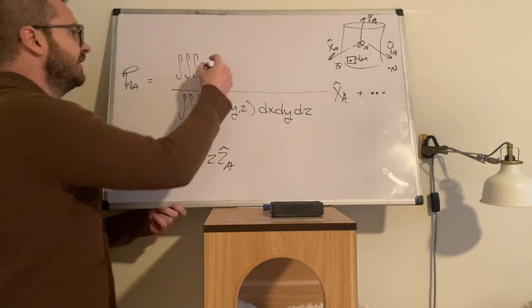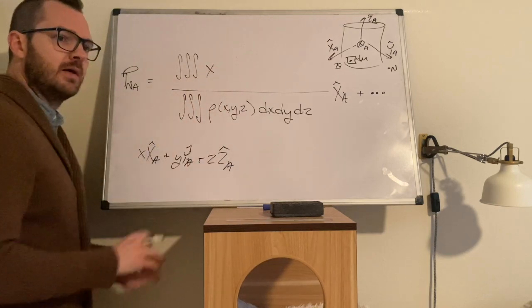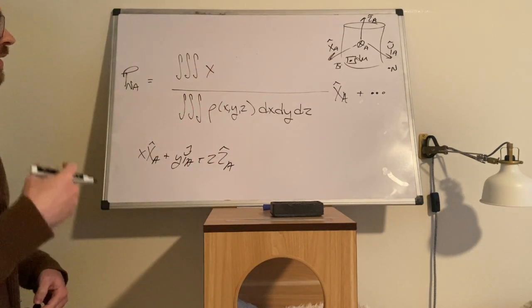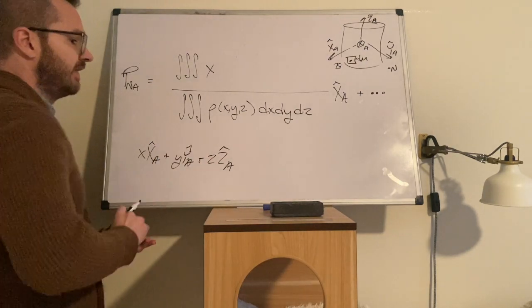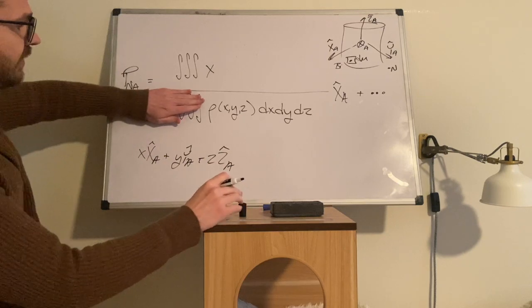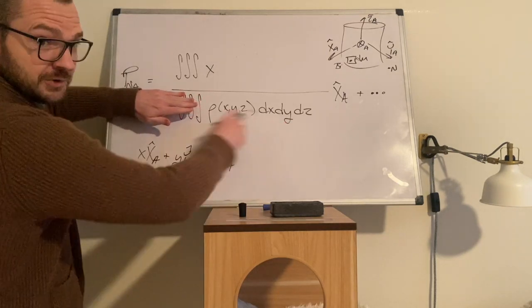So we need to take the x, and that's our position vector, and then we multiply by that little differential bit of mass. And we know that if I cover up this triple integral, that was the differential bit of mass.